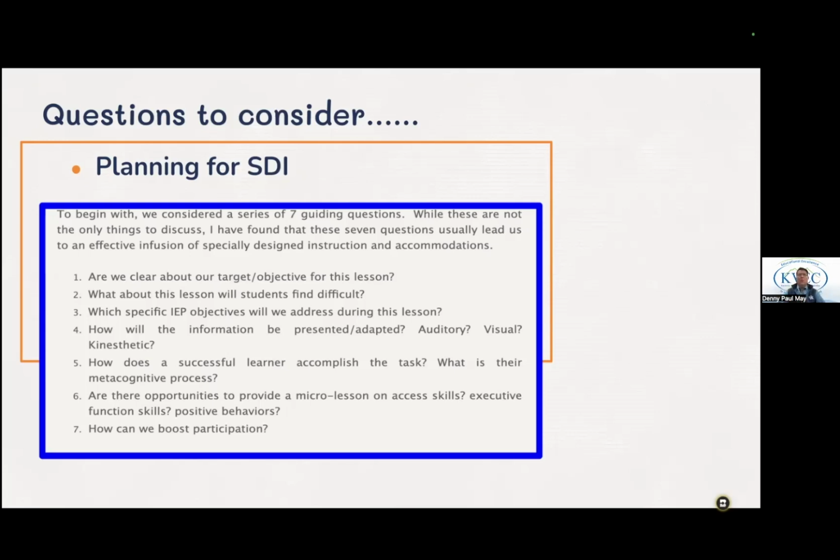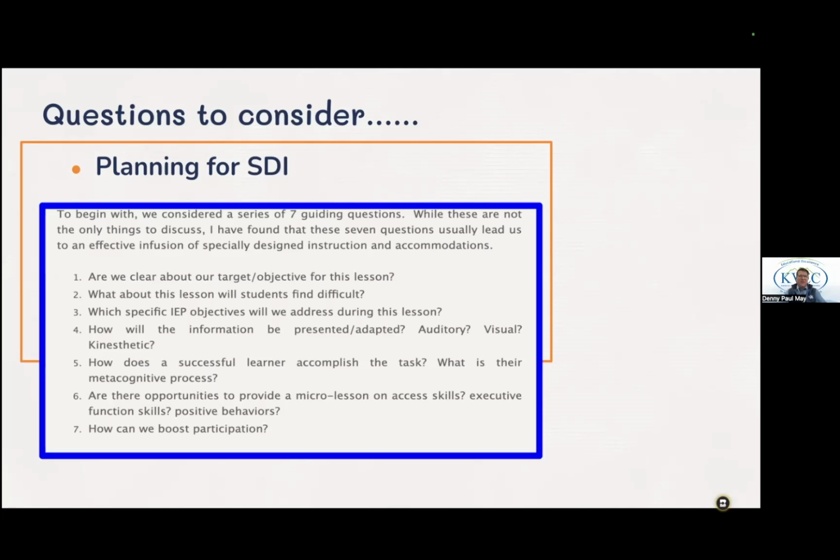And once we do that, then we check for understanding often, and we use that data to drive our next steps. If they're not getting it, we may need to be backing up and doing another practice turn. And so as we develop specially designed instruction, we need to be thinking about developing our top specially designed instruction pieces and what they are, what they look like.